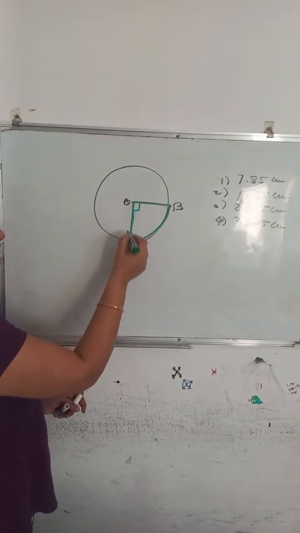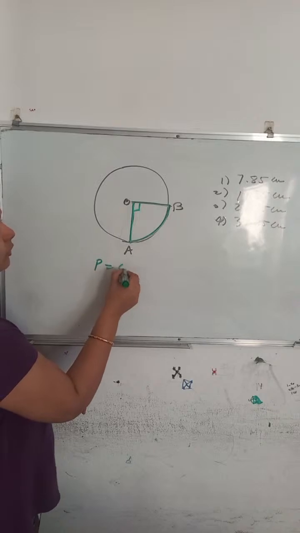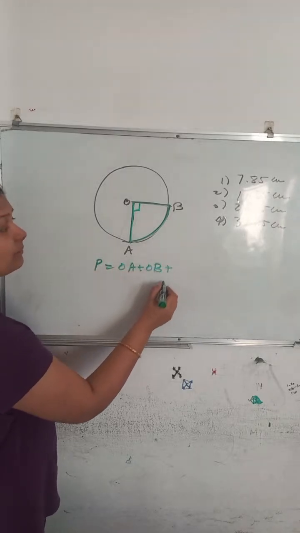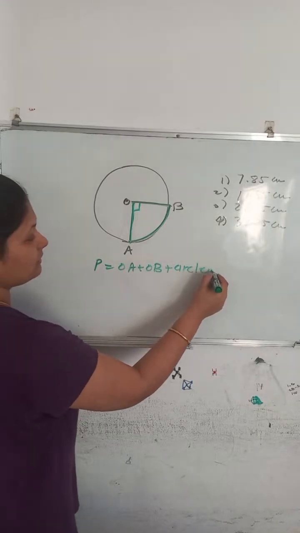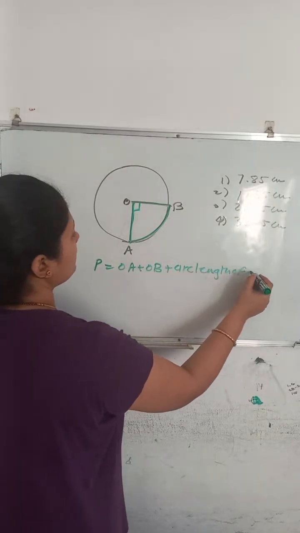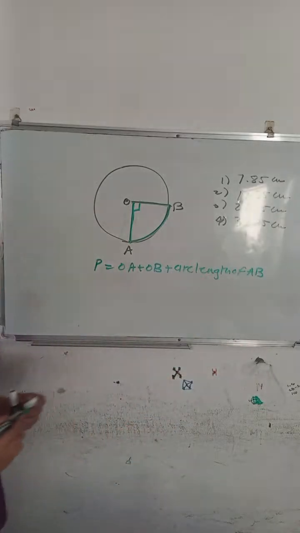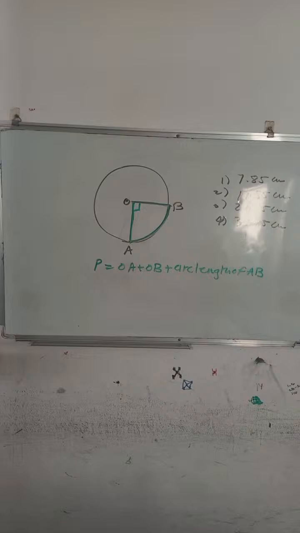So here this perimeter is nothing but OA plus OB plus arc length of AB. Okay, so find out this. I gave you the arc length formula also, how to find out the arc length. Calculate this and tell me the answer.